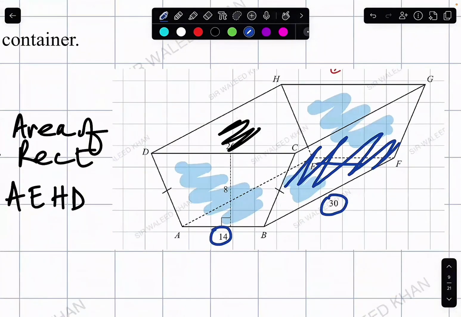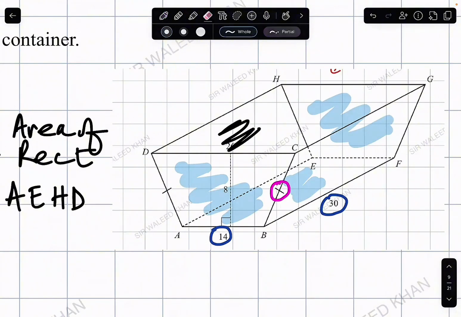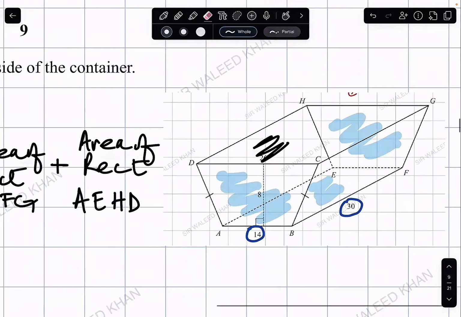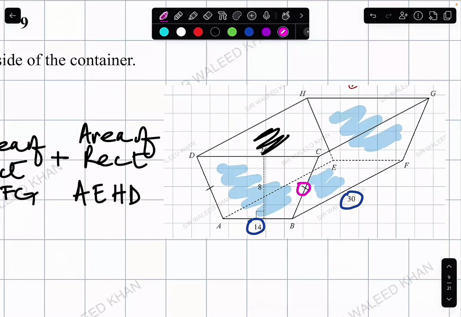For this, I have the length, but do I have the width? No. But they have made a sign over here, and I think they mentioned as well, that this length over here is equivalent to this length. I can find this length by splitting it like this.